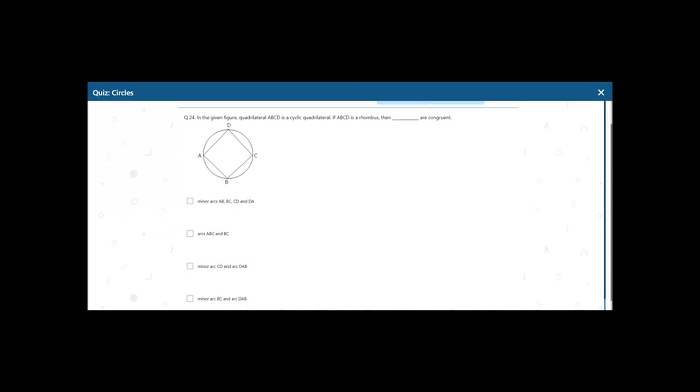ABCD is cyclic, ABCD is a rhombus. Then dash or congruent. Congruent means equal. In a rhombus, all sides are equal. When arcs are equal, what kind of figure is ABCD?